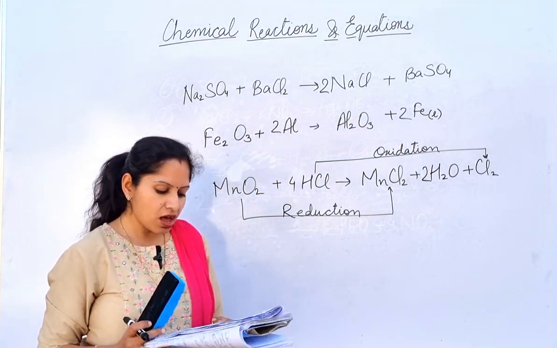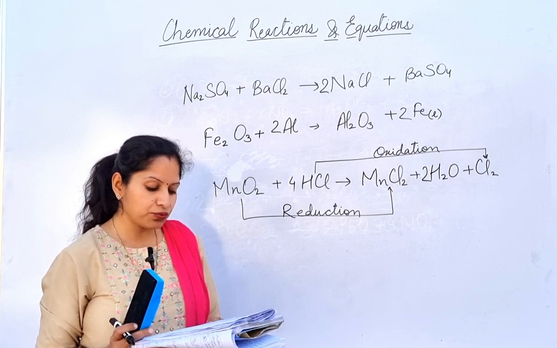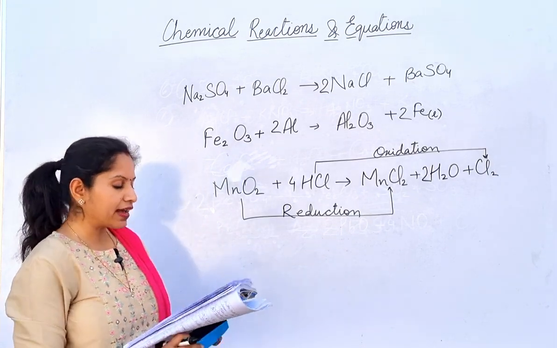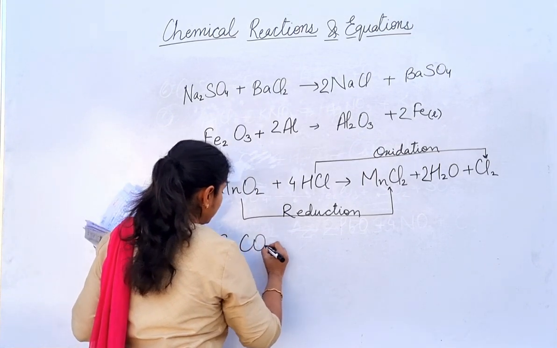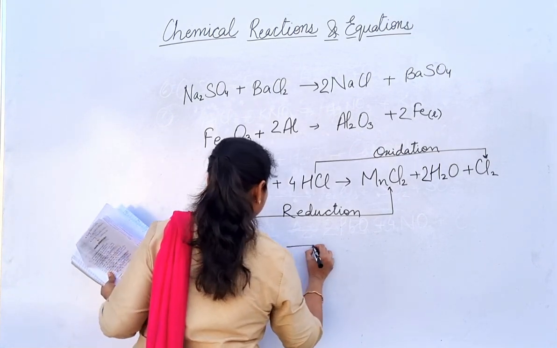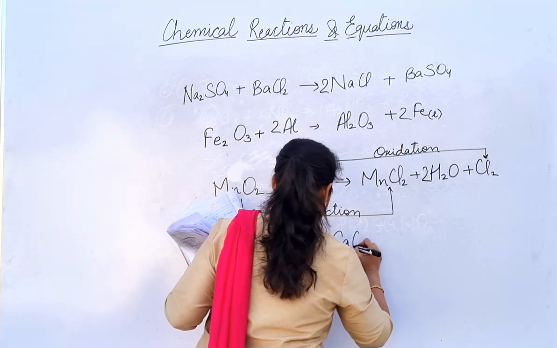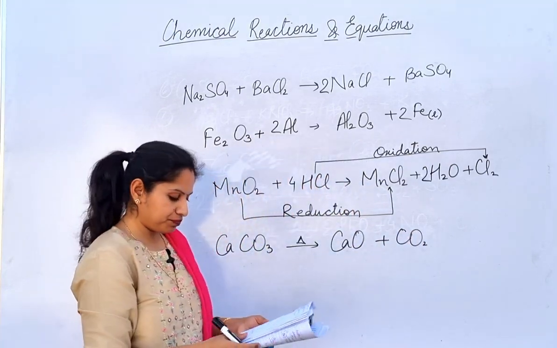Okay, last one, you have to write the decomposition reaction for calcium carbonate. Thermal decomposition for calcium carbonate. Not only the last one, we are going to practice more, but according to this question, it's the last one. Calcium oxide plus carbon dioxide will be formed.